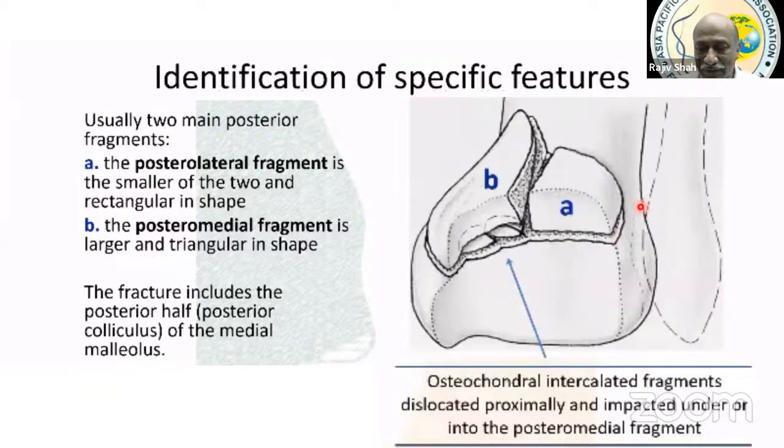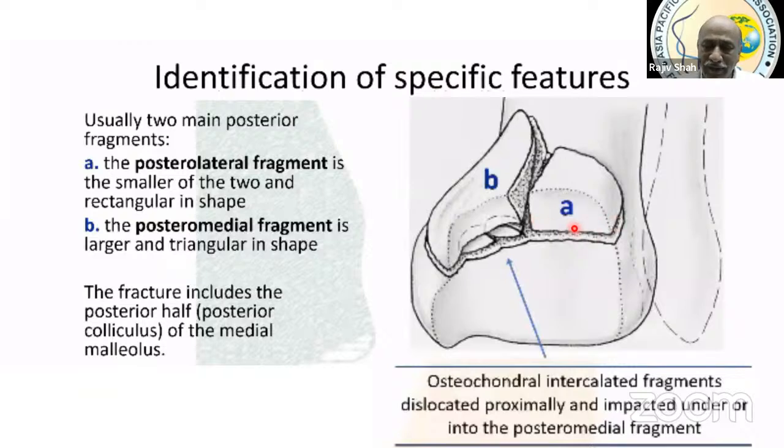So what Professor Weber did, he goes through the fibular fracture. You need to go through the fibular fracture, put in a lamina spreader or Hintermann distractor, and make sure that you fold your fibular fracture down, and through that window you approach your intercalated fragment and reduce it.